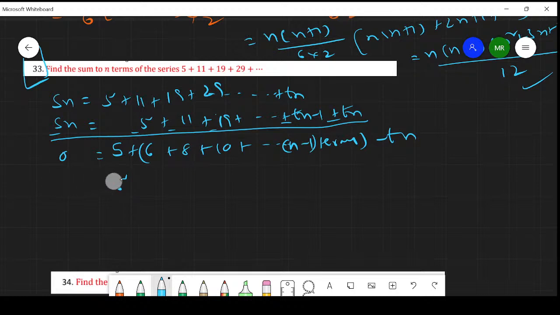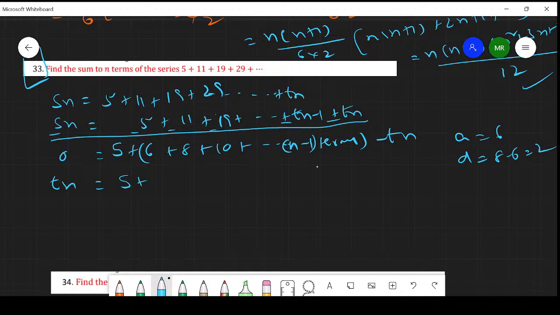I am trying to find the nth term of the series, the most important problem. Tn is equal to 5 plus a sum of terms that are in AP. We have a equal to 6, common difference 8 minus 6, that is 2.